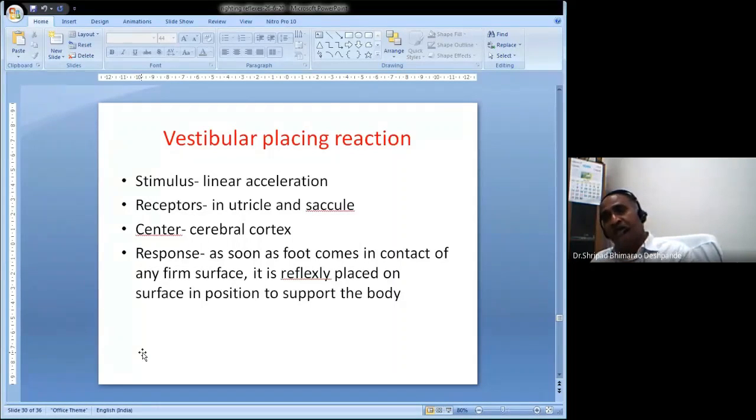Then the center, through the Deiters' nucleus or the vestibular nucleus, will reach the cerebral cortex via the thalamus, the parietal cortex, and the somatosensory association area. From there, the responses are coming down. Then they will try to orient, so they will try to contact the firm surface and place oneself nicely to support the position of the body. So that is the vestibular placing.